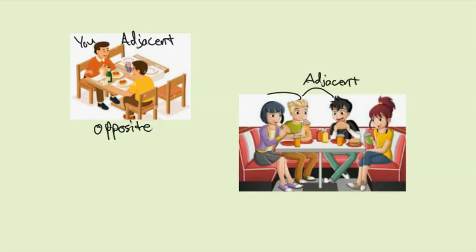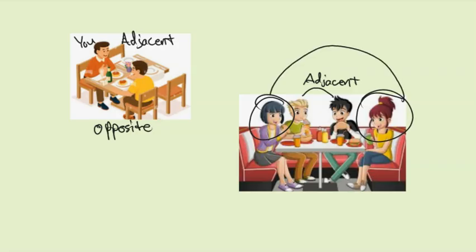Also, these two people are adjacent, and these two people are adjacent. But this person and this person are across from each other, so they are opposite each other, okay?